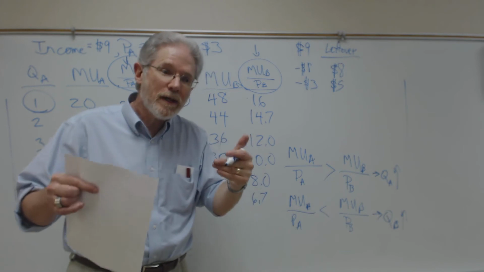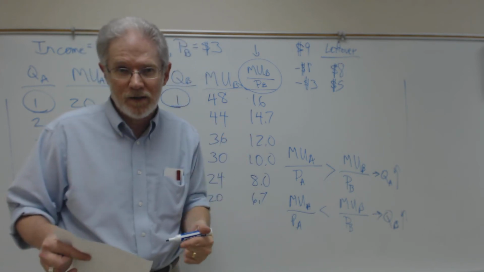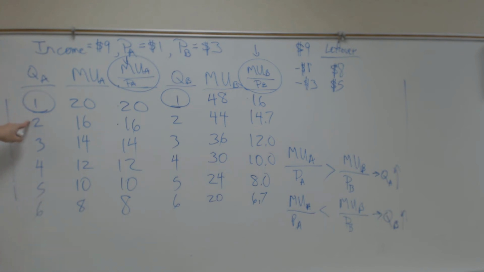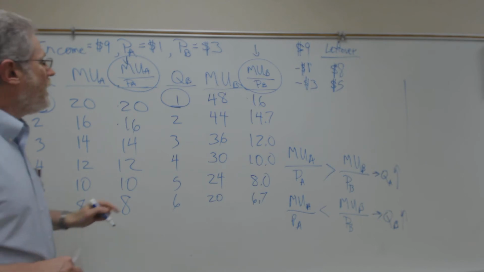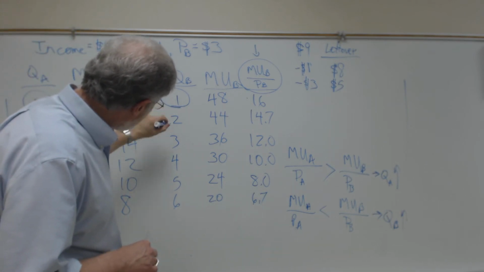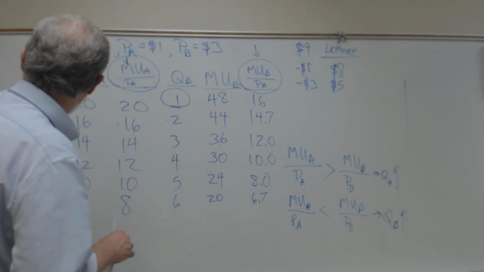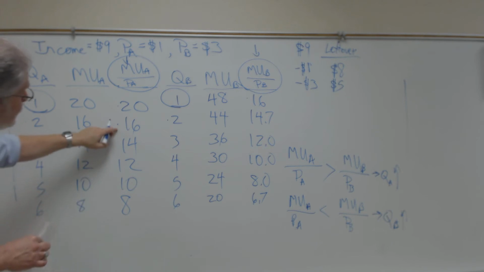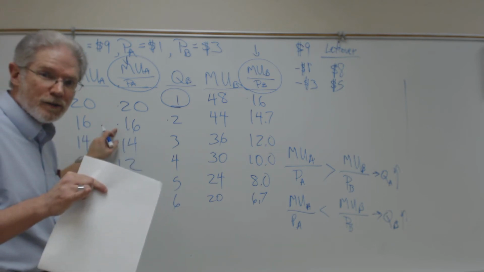We ask, where's the best place to spend the next dollar? What are his options? Well, he hasn't bought the second apple yet, so he could buy the second apple. He has bought the first banana, so he could buy the second banana. If he buys the second apple, it's going to give him 16 units of utility per dollar spent.